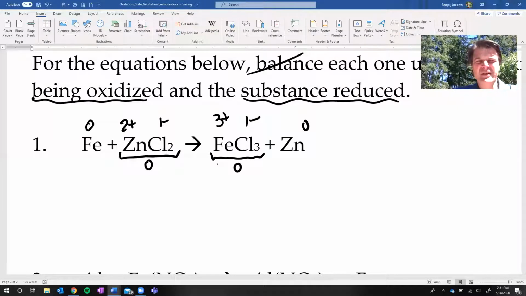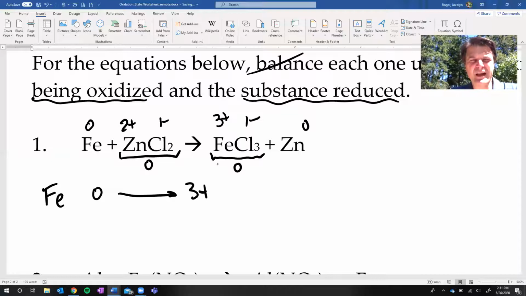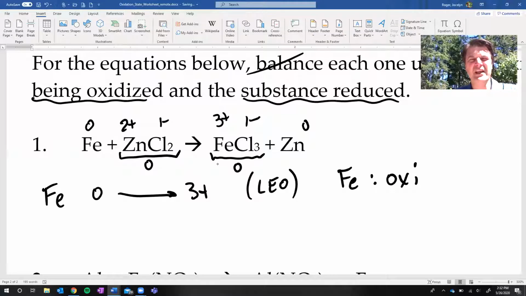So in this reaction, we can see the iron goes from 0 to 3 plus. So to do that, the iron has to lose 3 electrons. So iron is being oxidized. Lose electrons, oxidation. The chlorine stays at 1 minus. The zinc goes from 2 plus to 0.